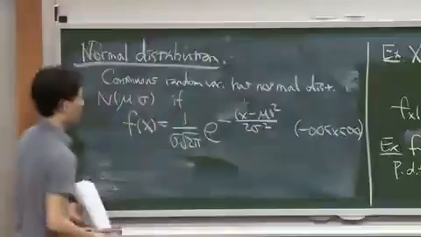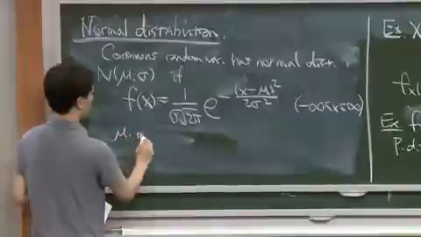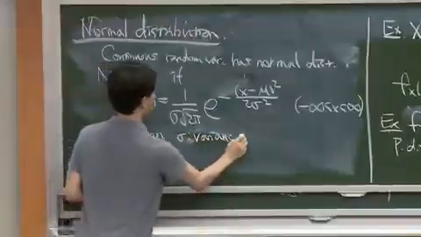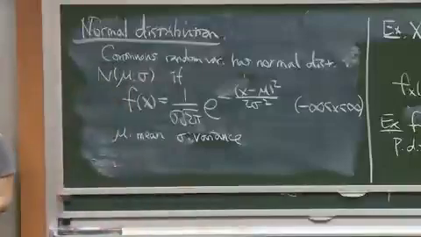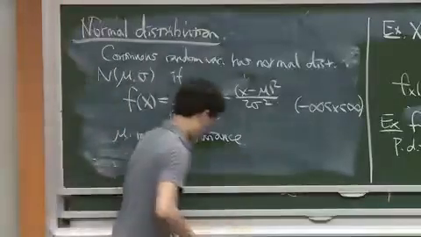Okay. So mu is the mean. That's one of the most universal random variable distributions. Most important one as well.